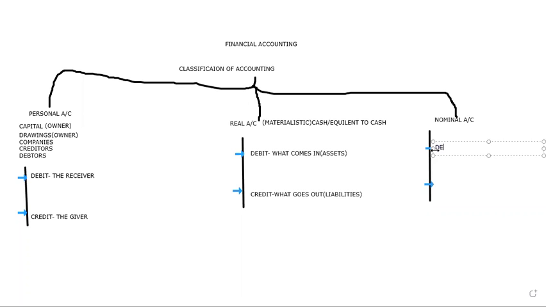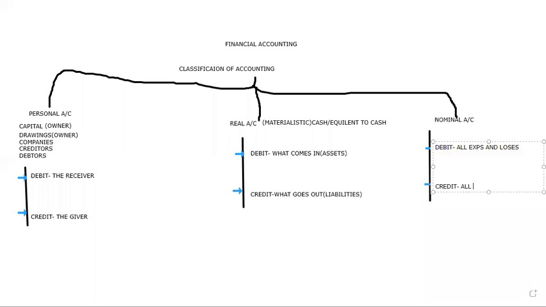So here in the debit, we are going to put all expenses and losses, and it says that you be prepared for these kinds of things, because it will help you in falling from trouble in the future.